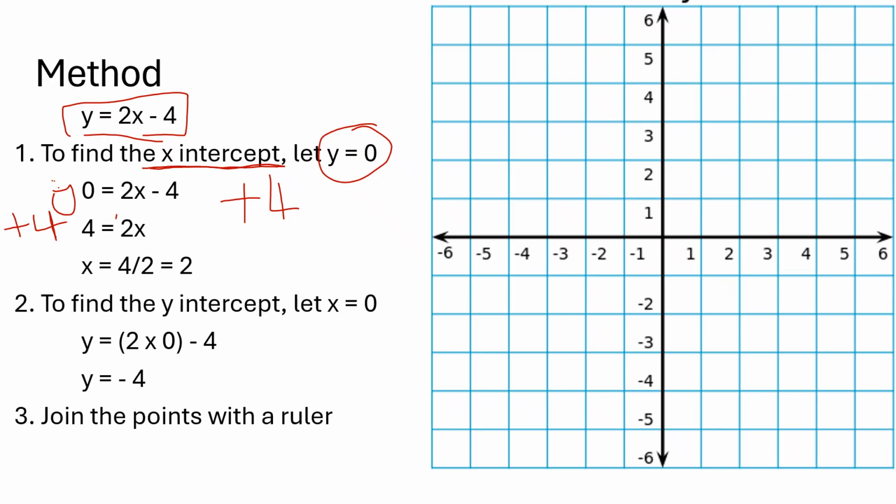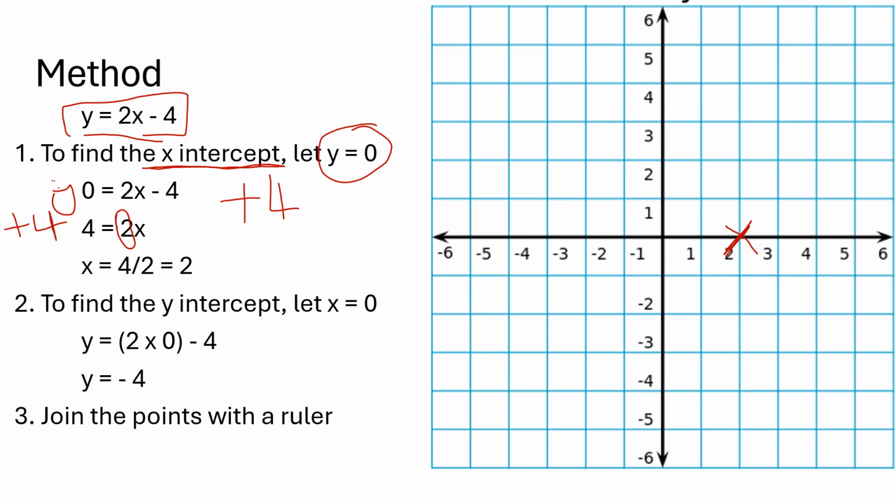We want to get rid of this 2 in here, so we divide everything by 2, and we get x equals 4 divided by 2, which is 2. So we are going to mark that point there. To find the y-intercept, we let x equal 0.